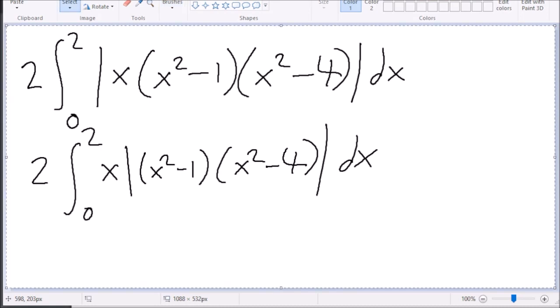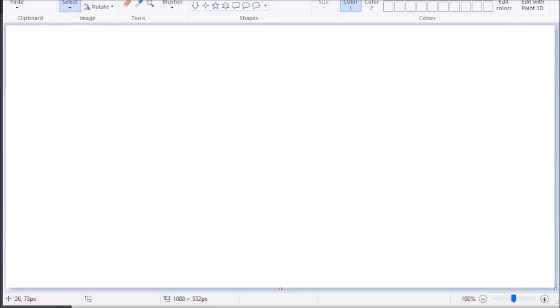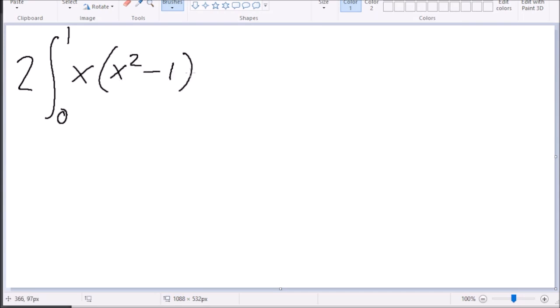Oh, this is nasty. From 0 to 1, x squared minus 1 is a negative, and x squared minus 4 is a negative, so this is a negative times a negative, so this is positive here.